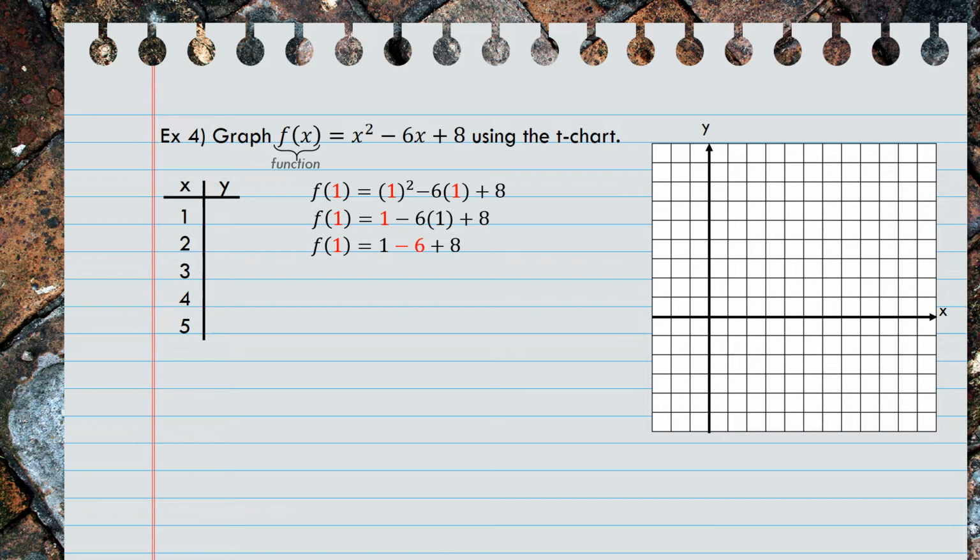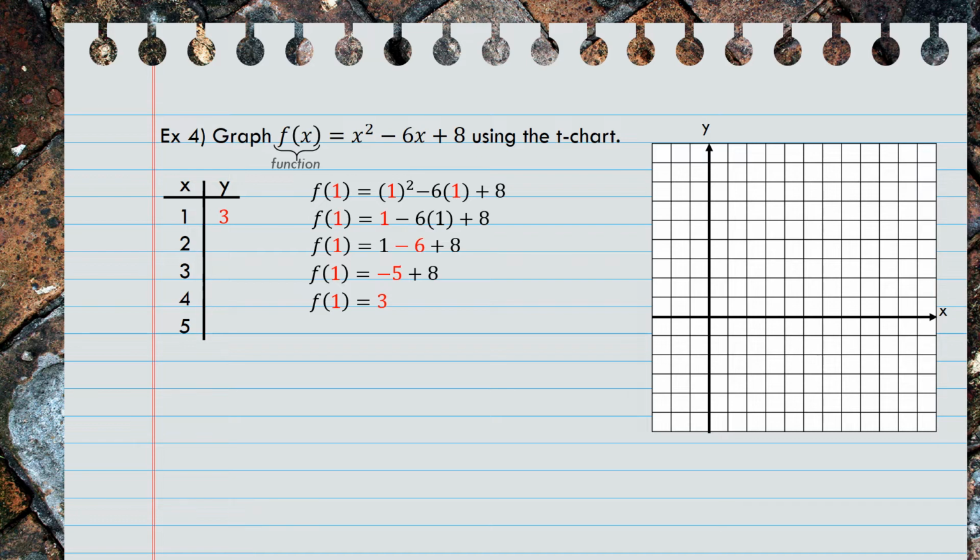We have no more multiplication division, so we move to subtraction and addition from left to right. And we see 1 minus 6 is negative 5. And then the last step, negative 5 plus 8 is a positive 3. Which means when I put in a value for x of 1, I get out a value of 3 for y.